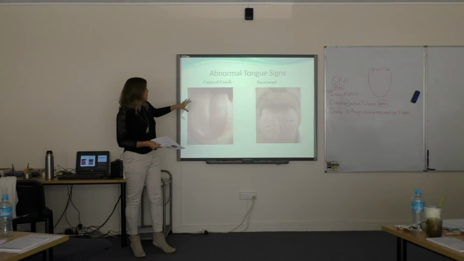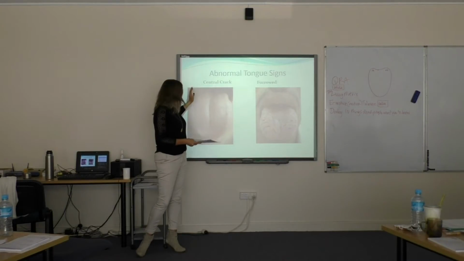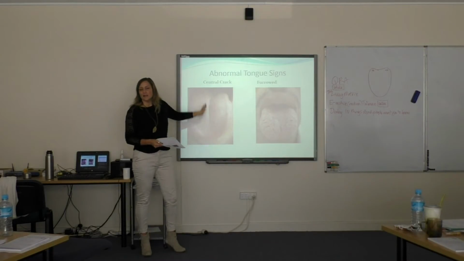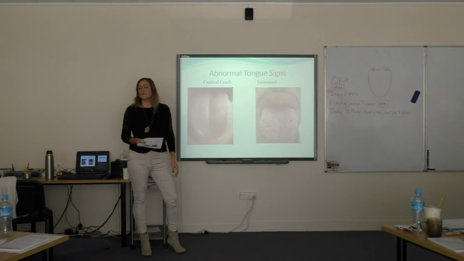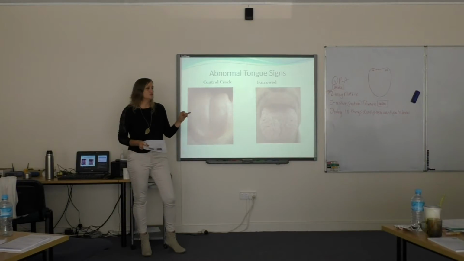So we've got over here a range of cracks. Now, when you were looking at the tongue, do you remember what I said the cracks were before, in the previous class? Dehydration, dryness, good.